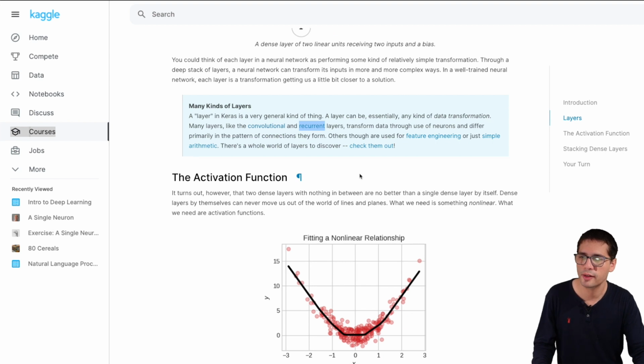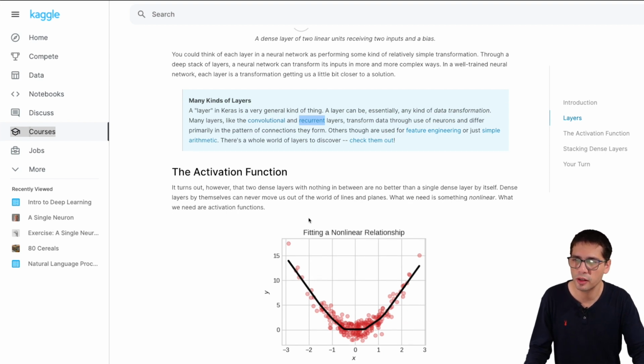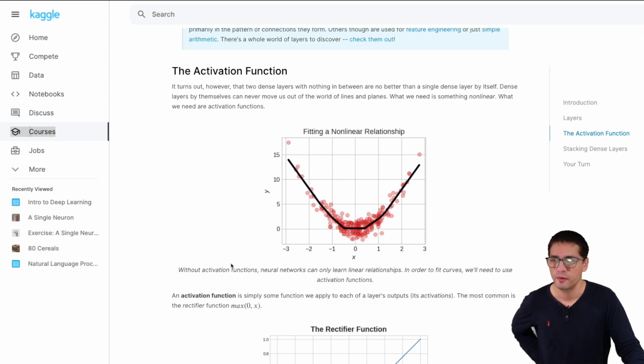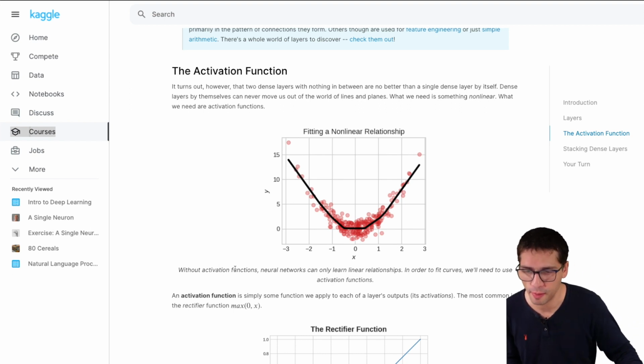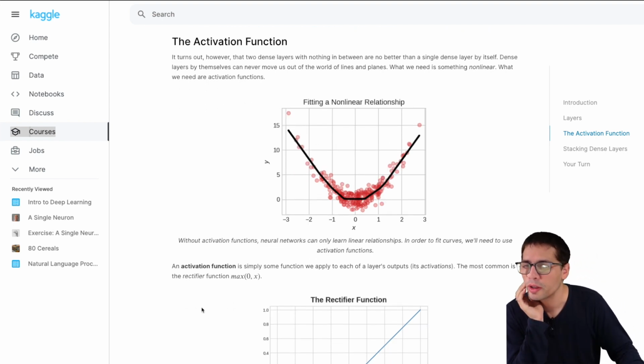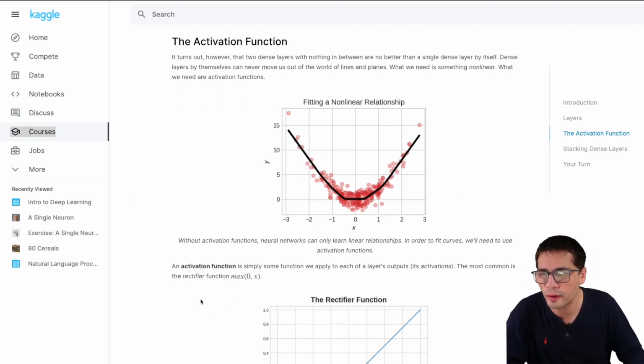Now it's talking about an activation function that we can use to make sure that what we get is not just a line or a plane, because these are very predictable, right? And for that, the solution is an activation function. I don't know if I understand fully, but we'll see. With exercises, maybe that will become a bit more clear. Okay, let's go past this. Without activation functions, neural networks can only learn linear relationships.